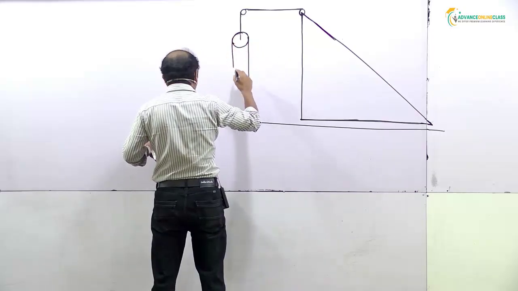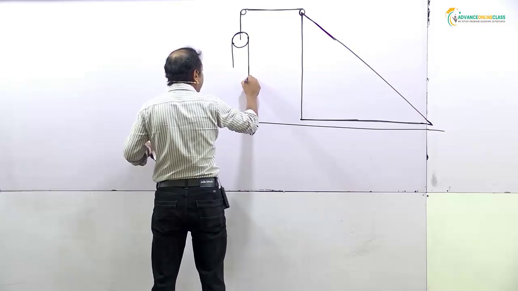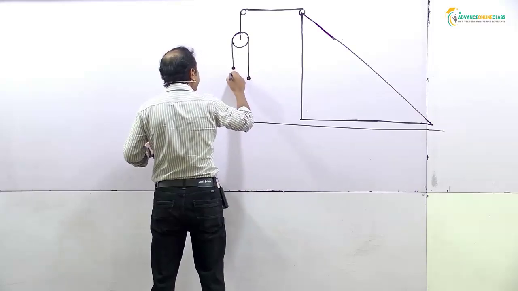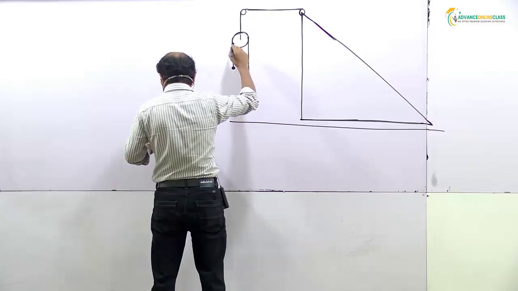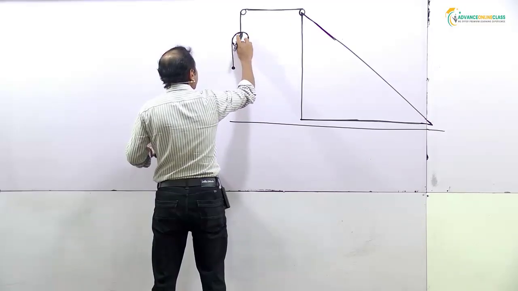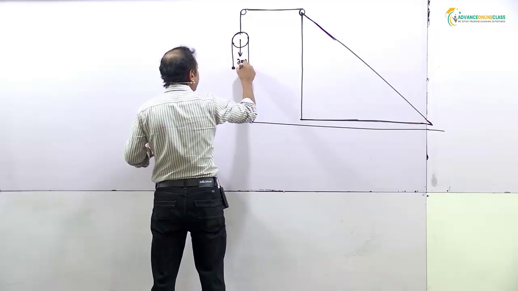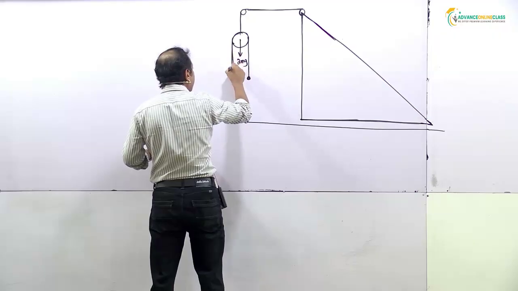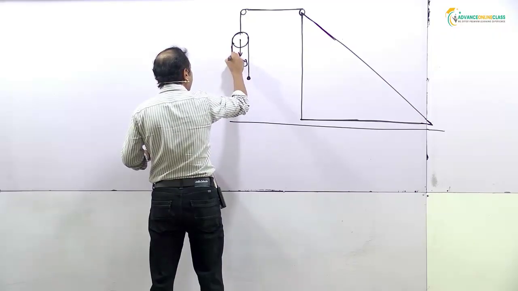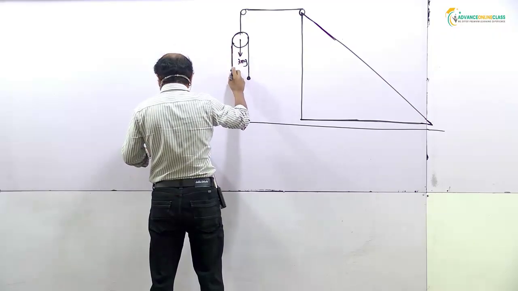Okay. Right. Masses attached like this. 3m. Here m. This is 2m. Here weight 2mg. This has the weight mg.